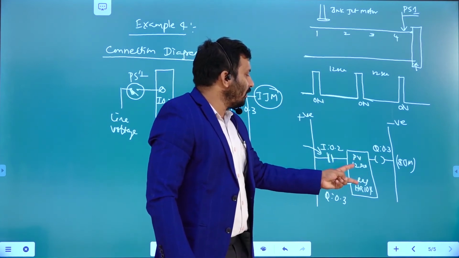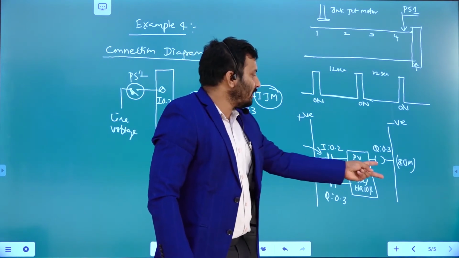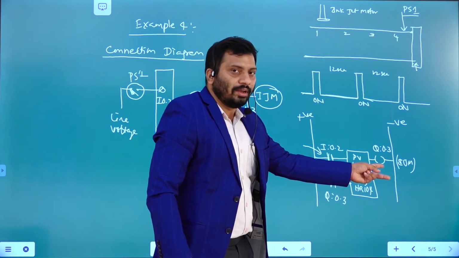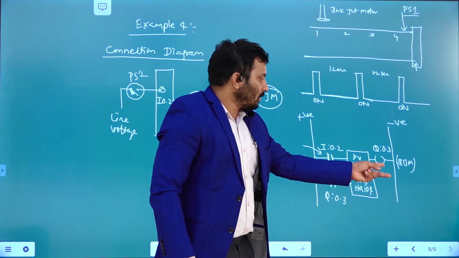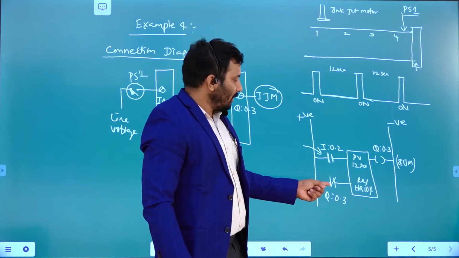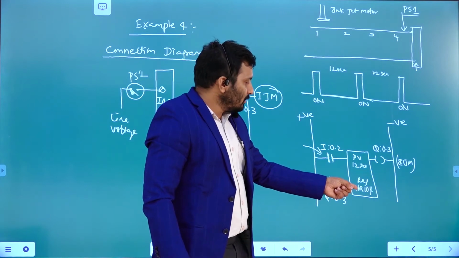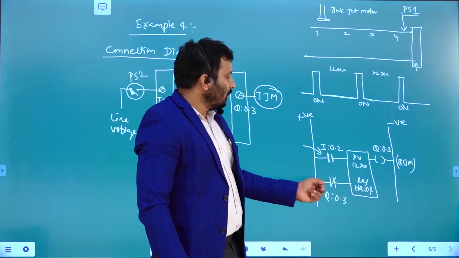Both are going to be equal, the holding register value and the preset value, and then it's going to be high. So whenever this is high, it's going to be reset once again, it's going to be 0.